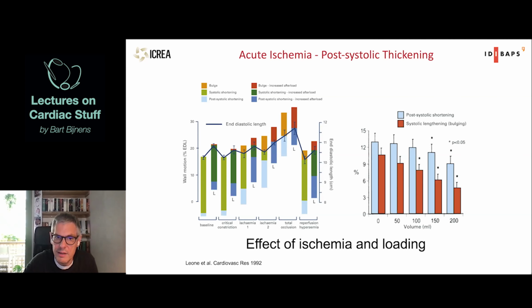This is important if you want to understand what happens with patients that have pressure loading, either it being hypertension or aortic stenosis, and on top of that will develop coronary artery disease. This is typical, for example, in elderly patients that have critical aortic stenosis and then at the same time are developing coronary artery disease.